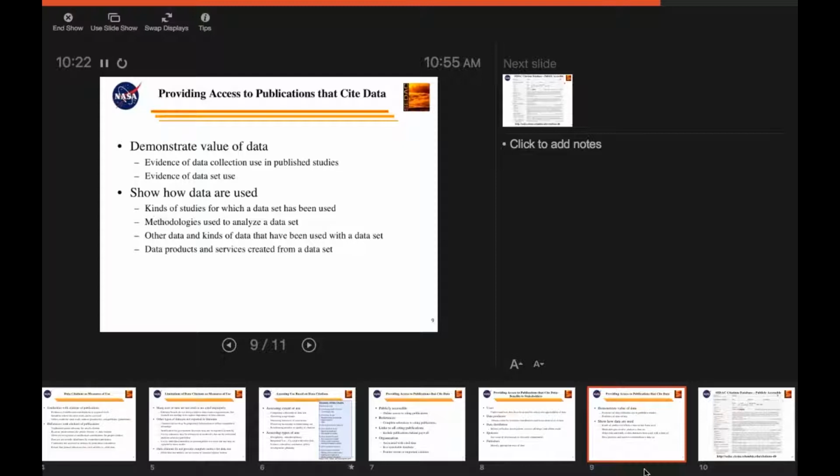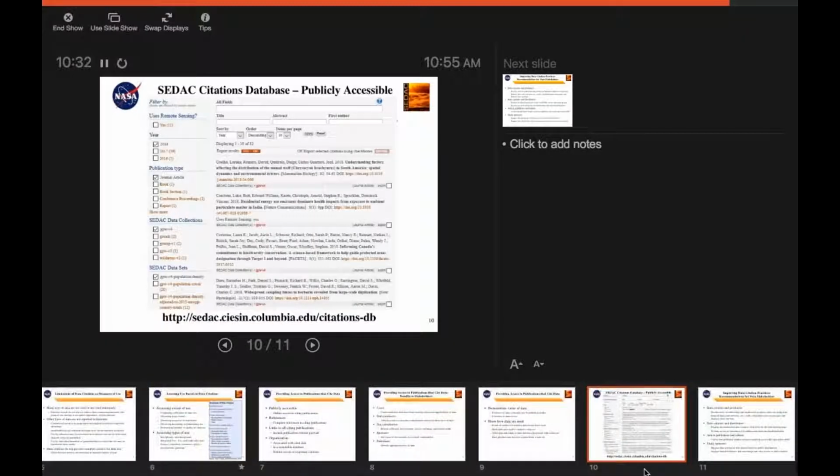Yeah, we have a lot of experience with that. One of our collections, which is used a lot, is the Gridded Population of the World. People often refer to it as GPW. Now we're in the fourth iteration of the series. It's really a series of collections.